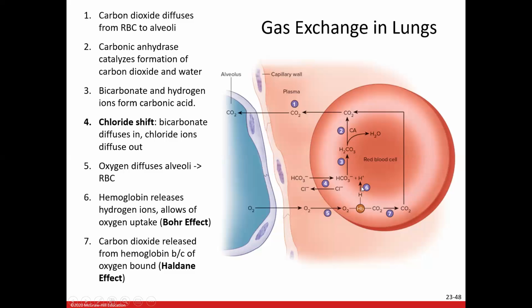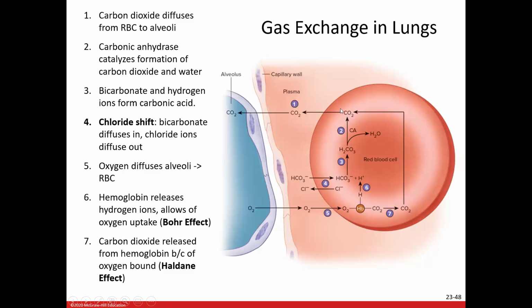So again, back at station 6, those hydrogen ions can combine with your bicarbonate ion and form, at station 3, your carbonic acid. Your carbonic acid can then, with the help of carbonic anhydrase, that's the enzyme there, form water and CO2.